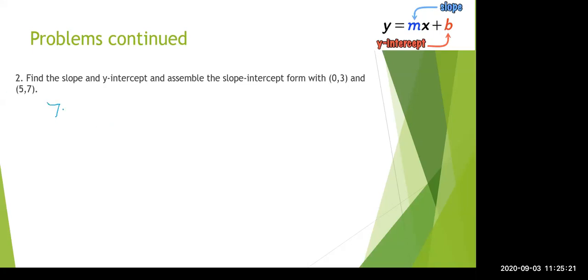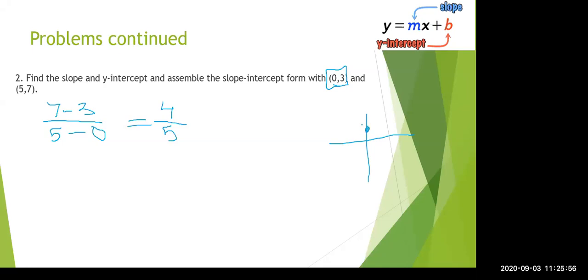So it's 7 minus 3 divided by 5 minus 0. So 4/5 is the slope. Since we know the y-intercept, because when x is 0, say you have the coordinate plane here, the point is going to be right here.